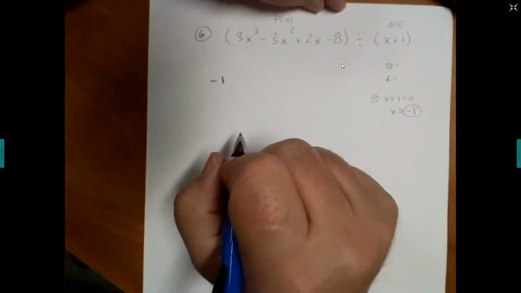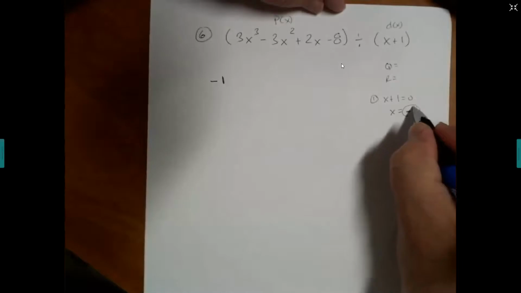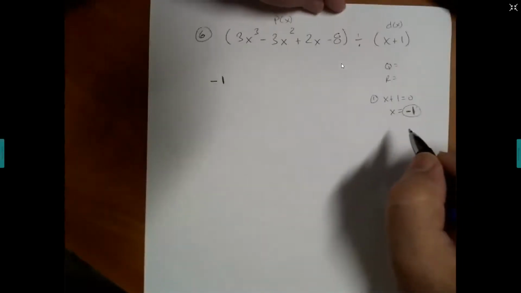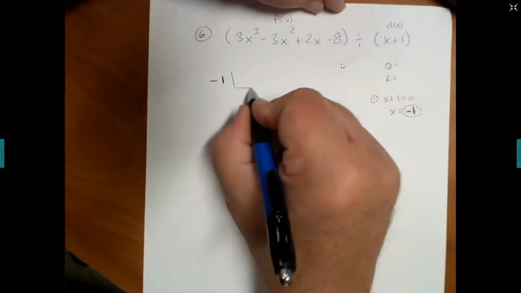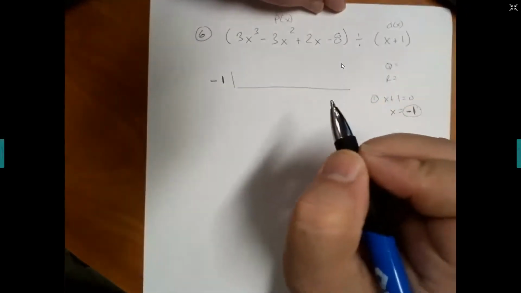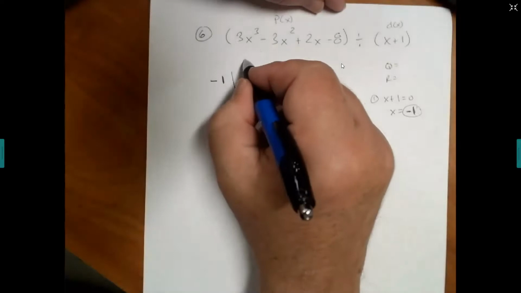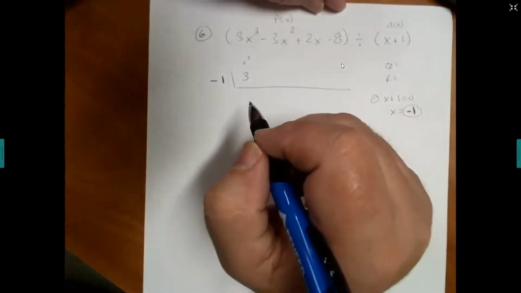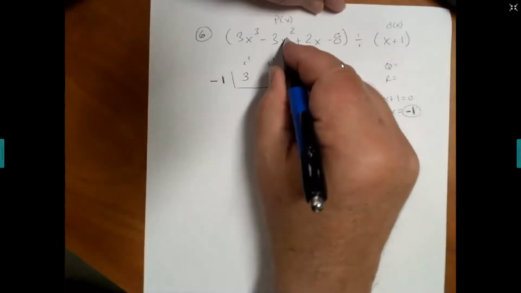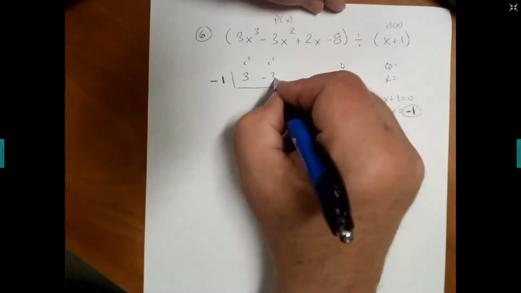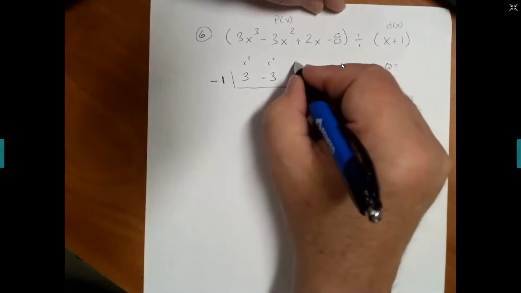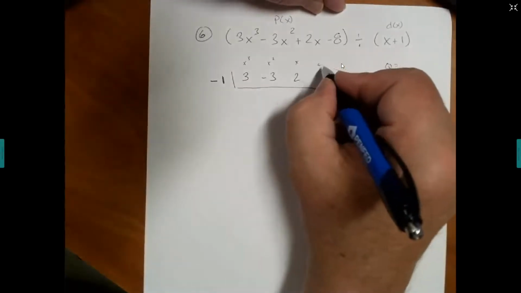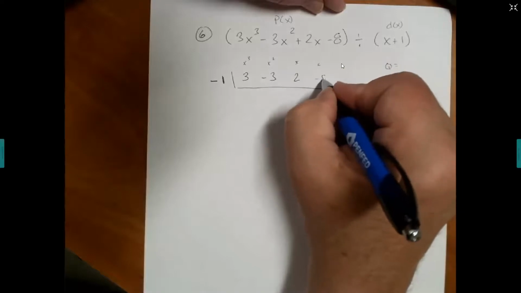That goes there. Now, our biggest exponent is x cubed, so its coefficient is 3. x squared, its coefficient is -3. The coefficient of x is 2, and the constant is -8.